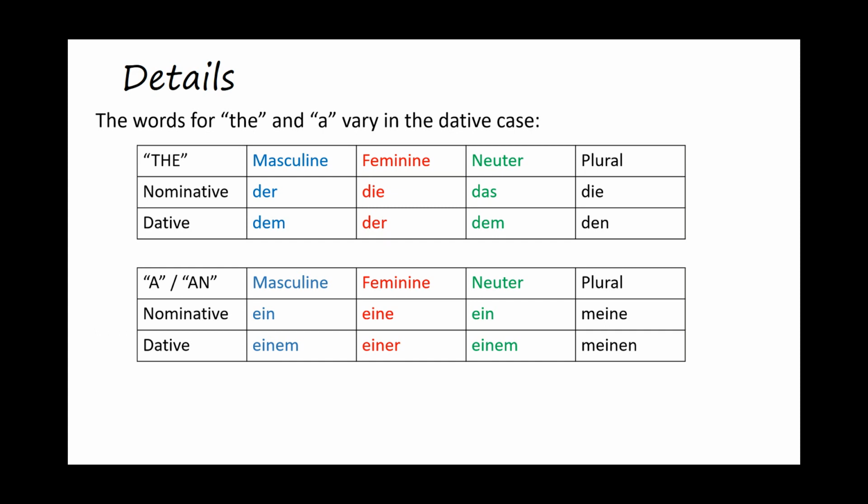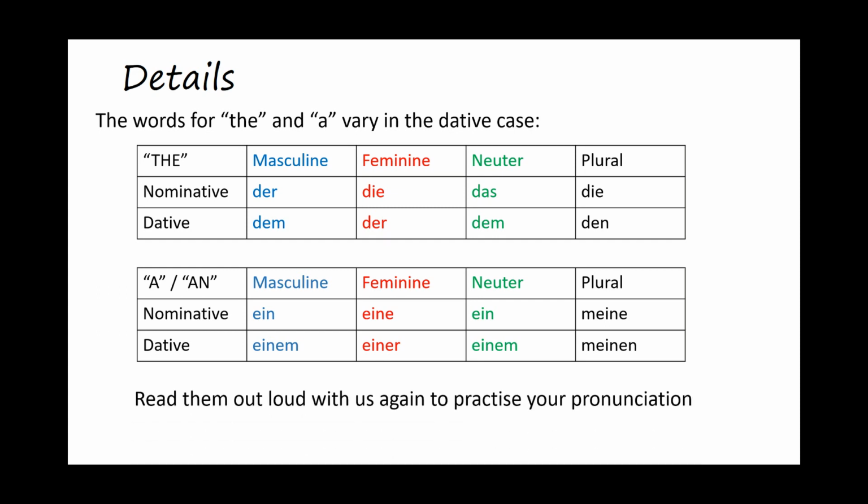So we have einem, einer, einem for neuter, and meinen for plural. Read them out again with us to practice your pronunciation. Dem, der, dem, den. And einem, einer, einem und meinen.